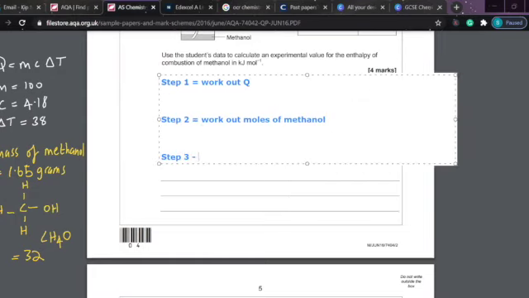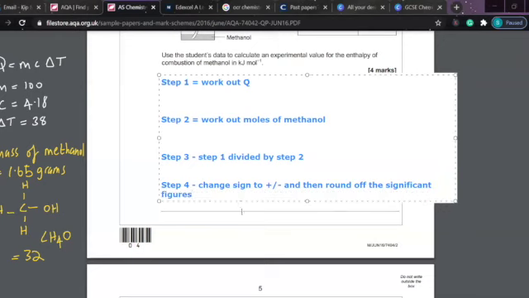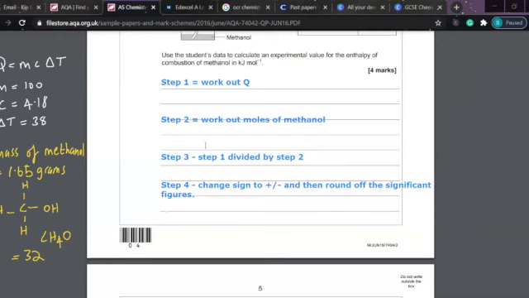Step 3 is to do step 1 divided by step 2. And step 4 is to change the sign to a plus or a minus and then correct it to the correct number of significant figures, which is usually 3.